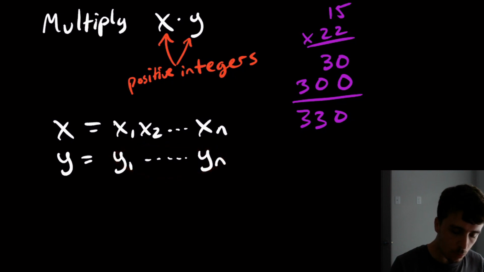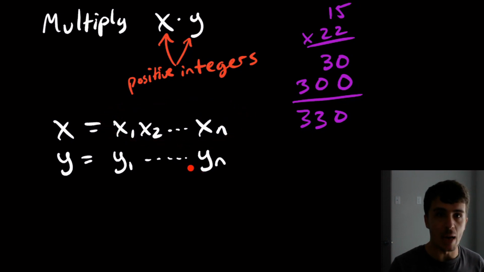We take yn, multiply it by this whole thing, then go to yn minus 1, multiply by this thing and shift it over one place, and so on all the way down. But here's the problem.